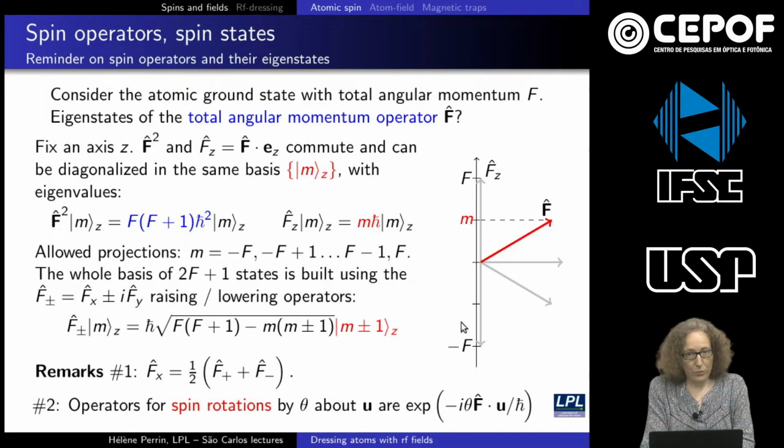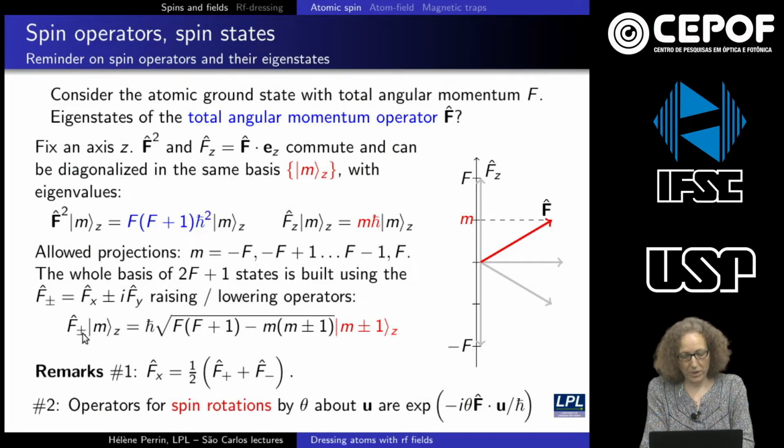And the whole basis can be built starting from minus F, for example, by applying the raising operator F plus, which, starting from some state m, transforms into the state m plus 1 with some coefficient. So you start from there, you apply F plus, and from that point you can construct the whole basis.